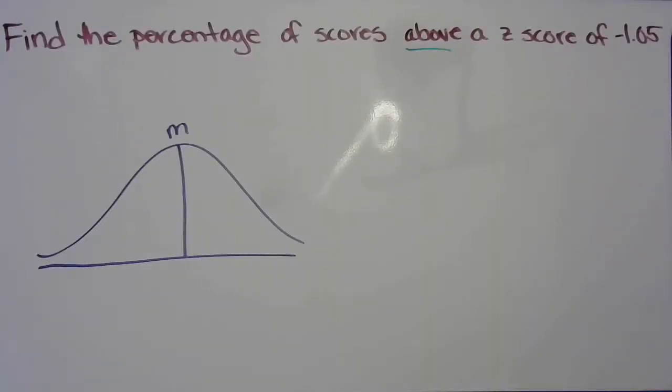Okay, let's try another. Find the percentage of scores above a z-score of negative 1.05. Now, since our z-score is a negative number, it is going to go on the left side of our curve below the mean. So, first step is to draw the curve, which we have already done. So now let's PSP.